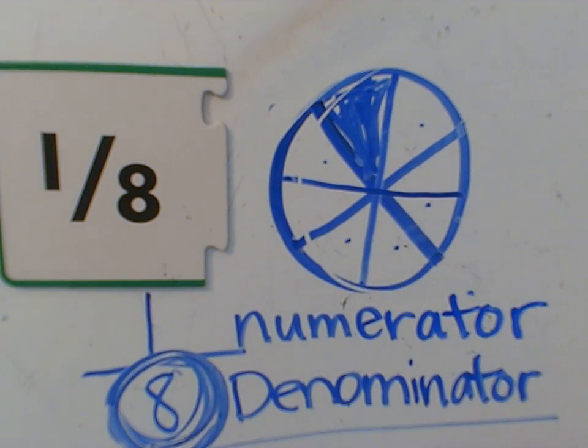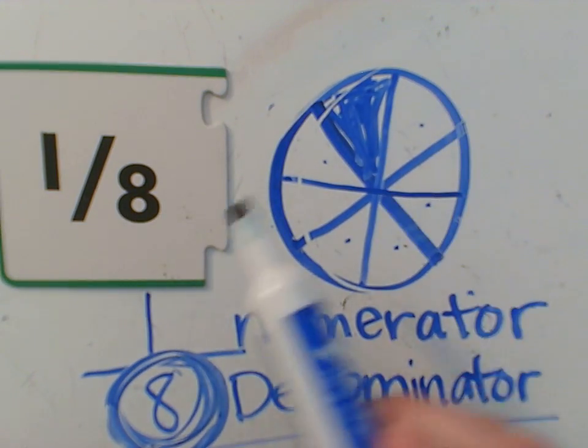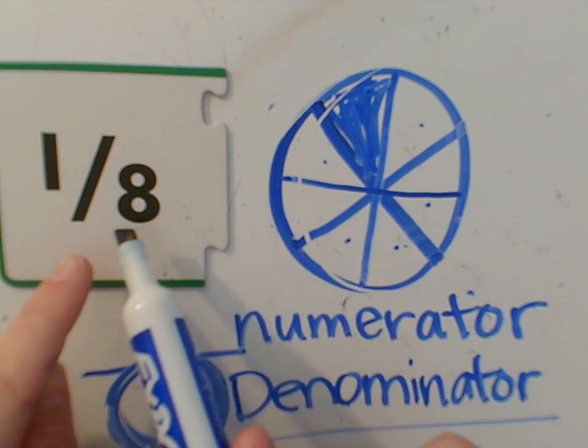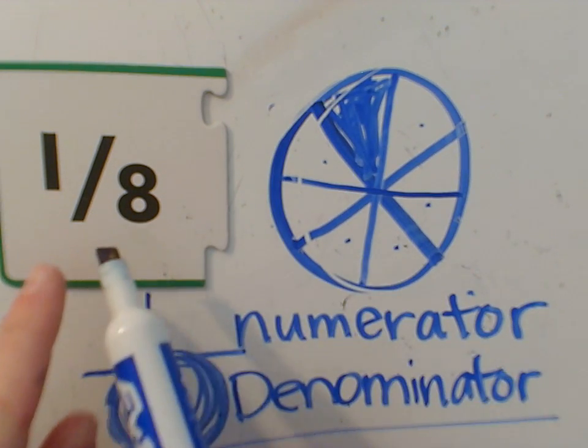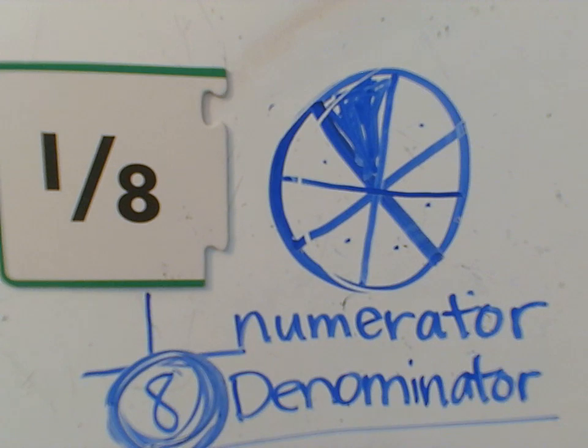So the numerator is going to tell you the number of shaded parts in our fraction. Now you won't always see shaded parts, but seeing these shaded parts will help you understand what this fraction represents or how you can visualize a fraction.